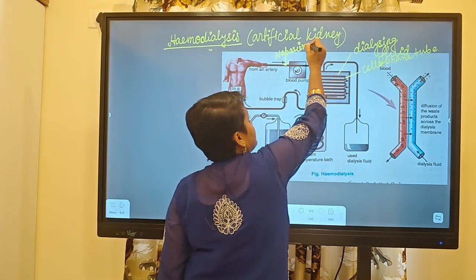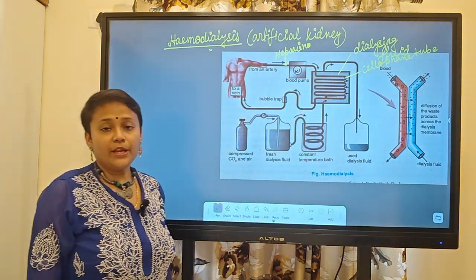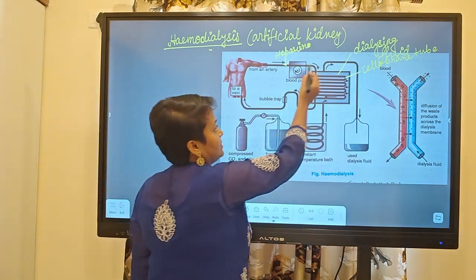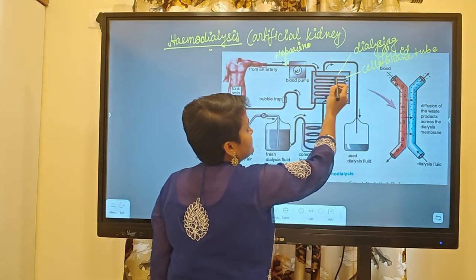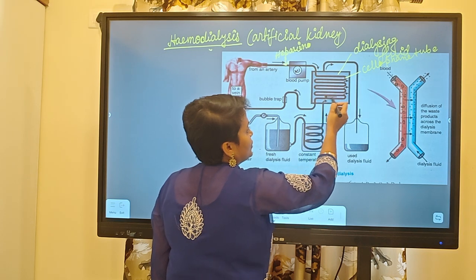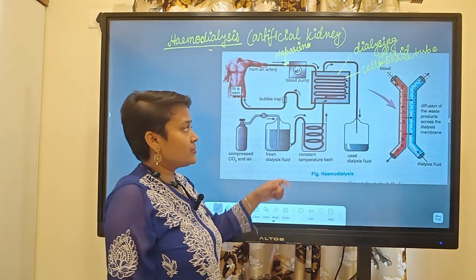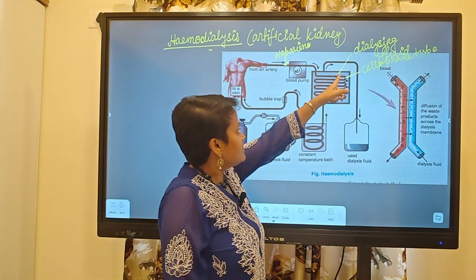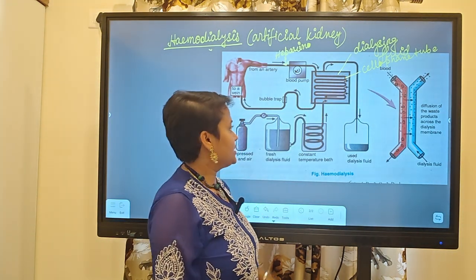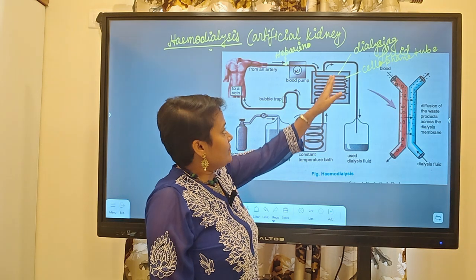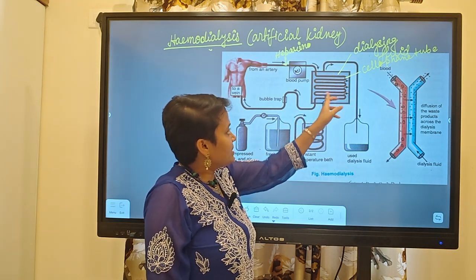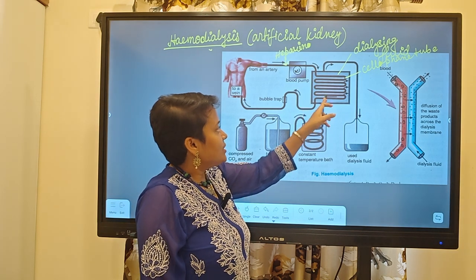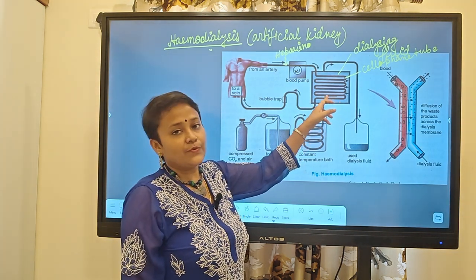Because this heparin will help to prevent coagulation, and after that the blood will be transferred to the cellophane tube, which is dipped into dialyzing fluid. Now, when it completes the circulation and the blood comes out from the chamber, it will be free of nitrogenous waste.